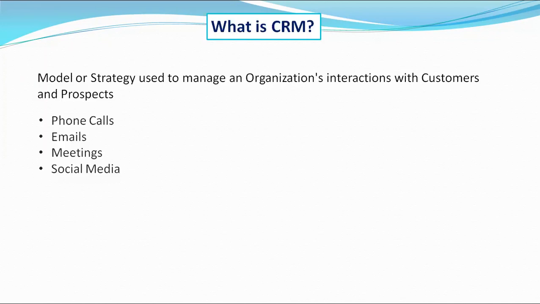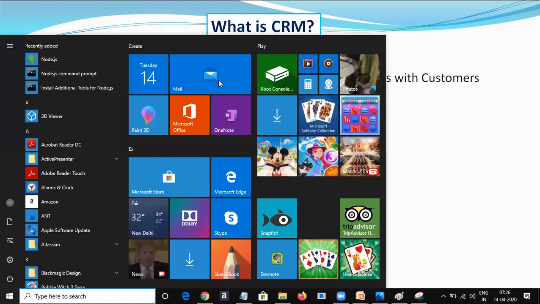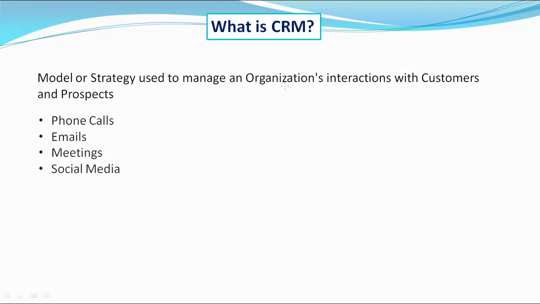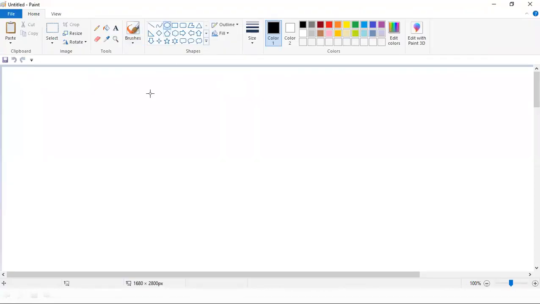CRM is a software where you'll have tables to store all the phone calls, emails, meetings, every data about the customer, and you'll have all the features to manage that data. To explain in more detail with real-time scenarios, let me take some scenarios for you so that you can better understand. So far it's clear to all of you.